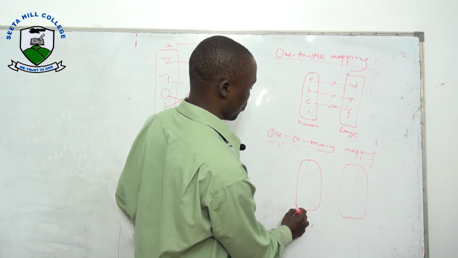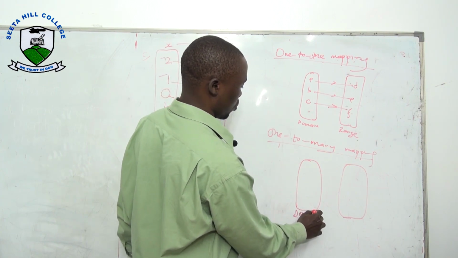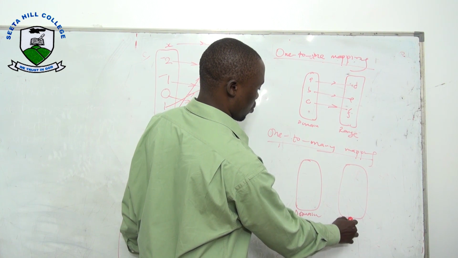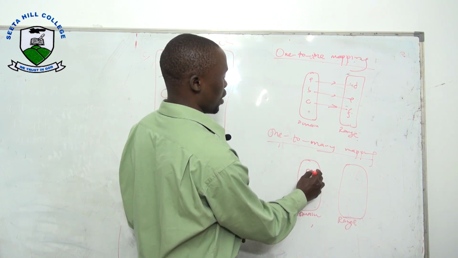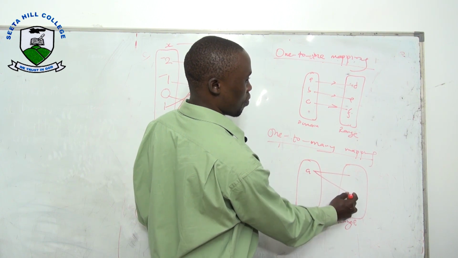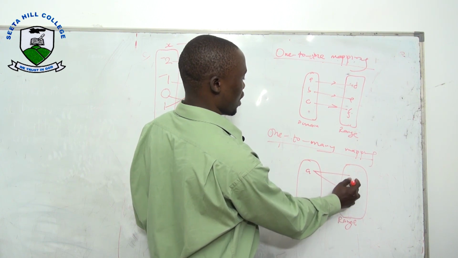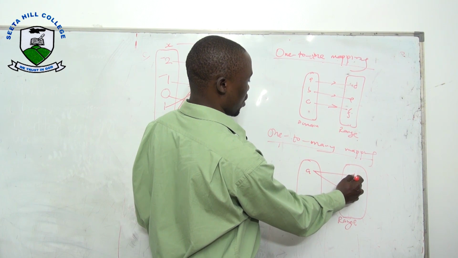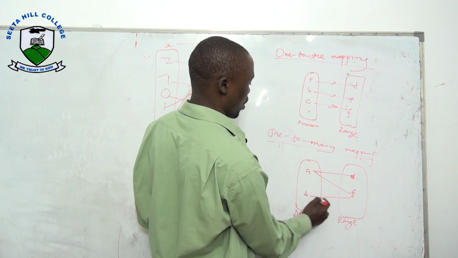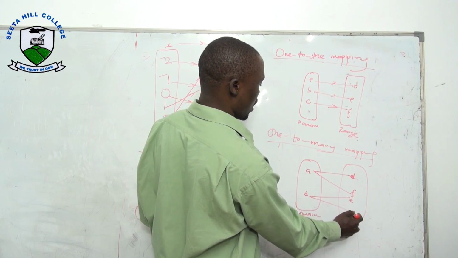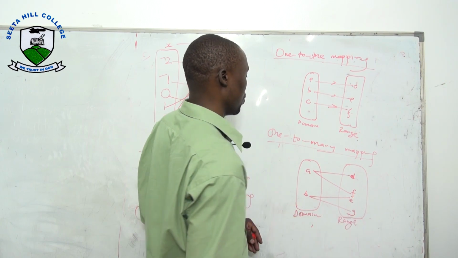One to many mapping is a type of mapping where one domain is corresponding to many ranges. One element here is giving different answers. Like this can give D and F, then you can have B also giving E and G.